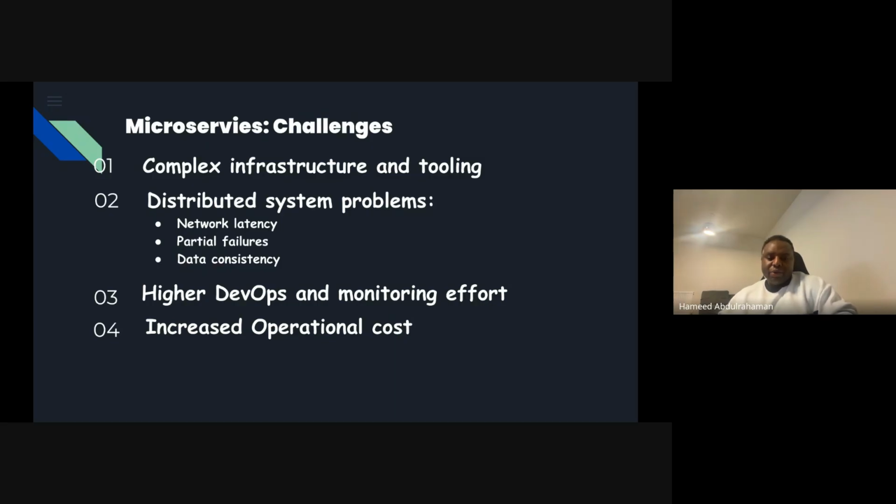So, high DevOps and monitoring efforts. It's quite hard to think about microservices without thinking of platform engineering, whereby you need DevOps engineers that monitor these services. So if there's a failure in one, you would know about this failure. It's more complex to have the services without people there to monitor them on the go and understand the development and deployment itself.